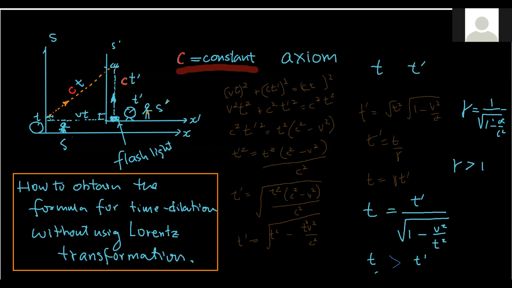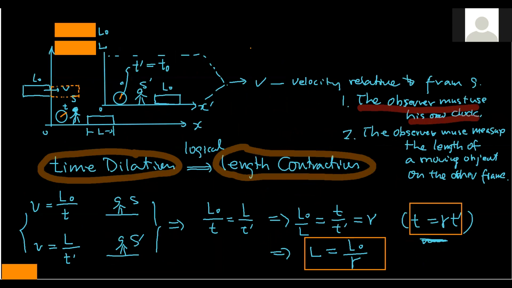Then using the Pythagorean theorem, you can derive the formula for time dilation. I think this is simpler than the one we used with the Lorentz transformation. This is very easy to understand.